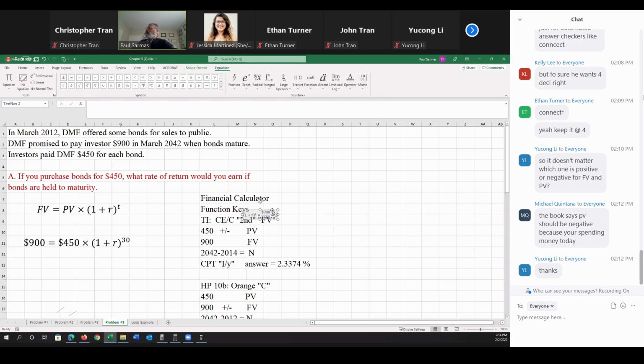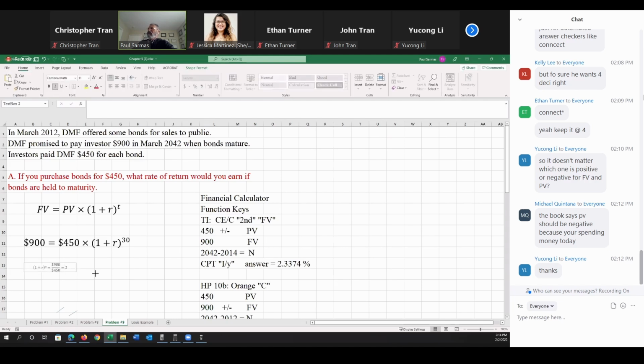Let me increase the font on this so you can see it. By the way, this t is 30. That's 30 years. So that's how I arrive.